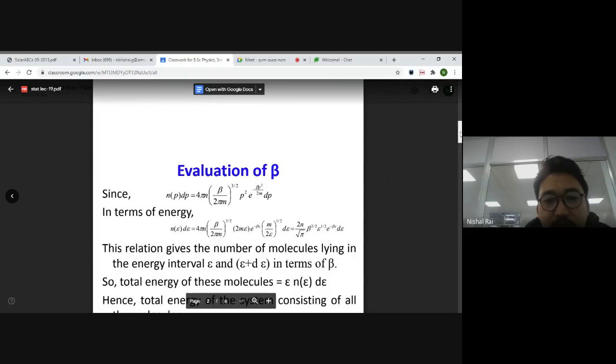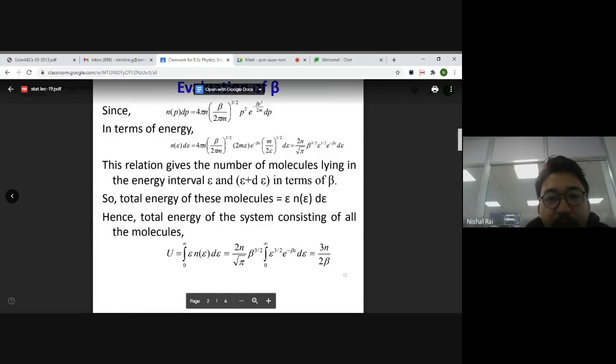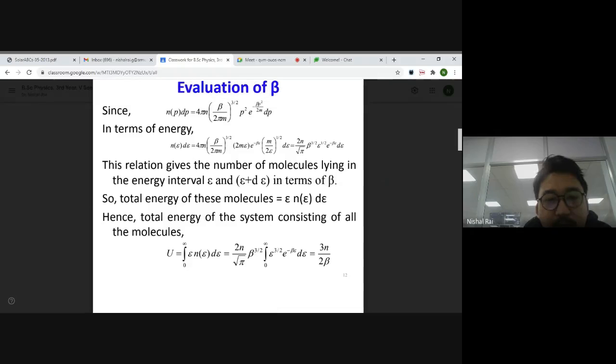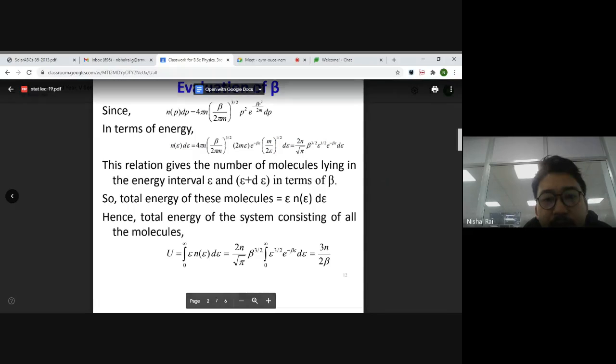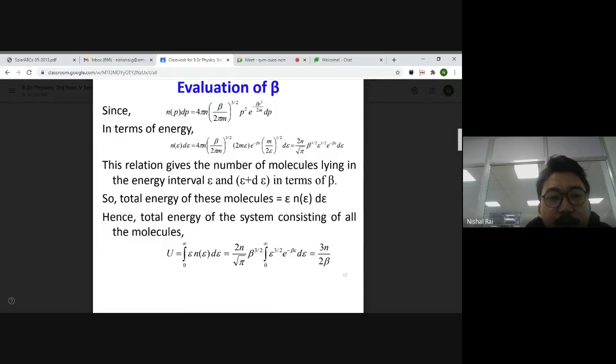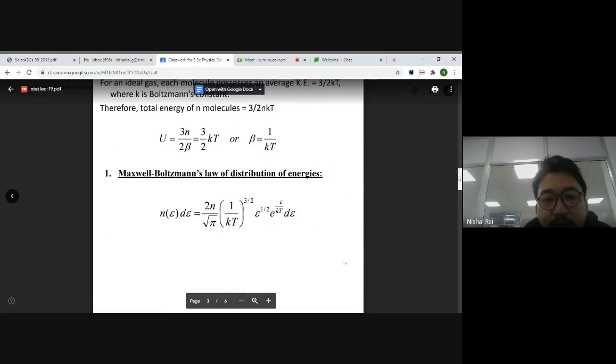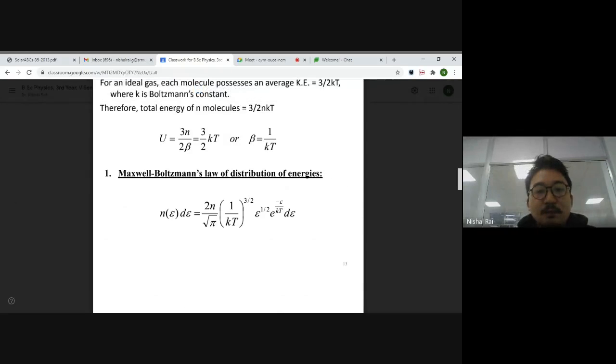So in terms of energy, you are left with what? Here you can see this is written in terms of this. So finally you are left with 2N by root pi, beta is basically 1 by kT, E and e to the power negative E by kT. So finally this is your expression for your energy distribution law.